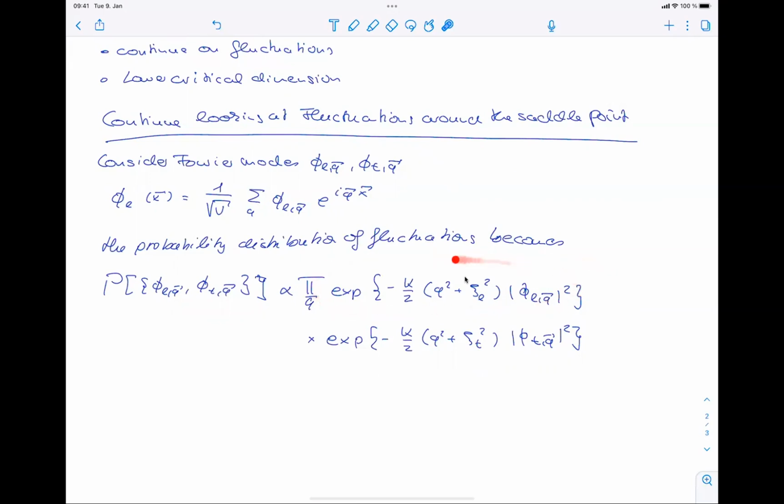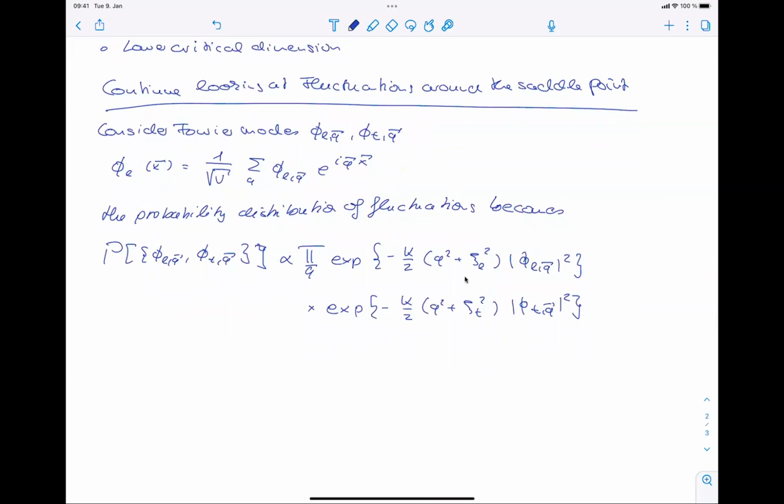So what we have here are purely Gaussian variables, of which I know the correlations.